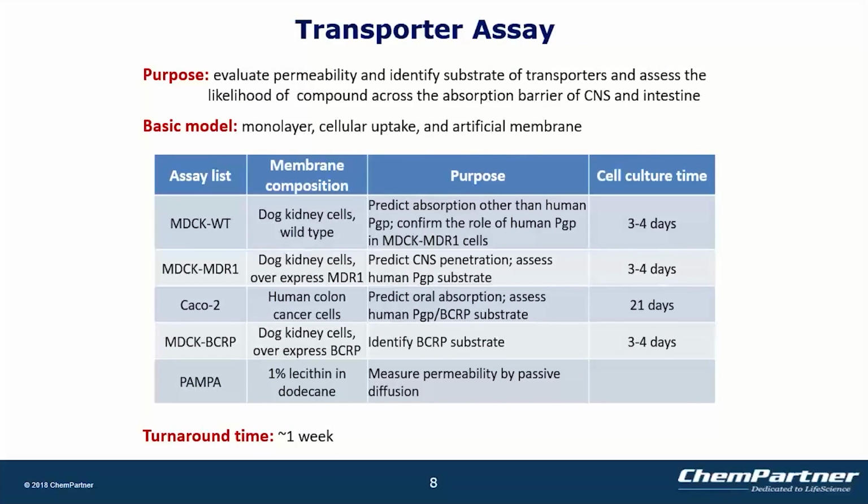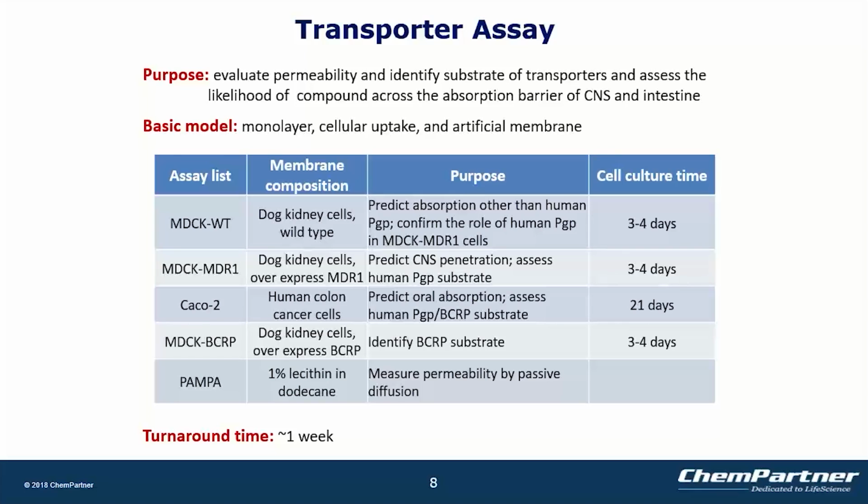And for the transporter assay, when you see low bioavailability, you're wondering if a transporter is involved in terms of efflux. So typically we use Caco-2 for transporter assays. We do quick turnaround time, one week, because we have lots of Caco-2 assay requests.